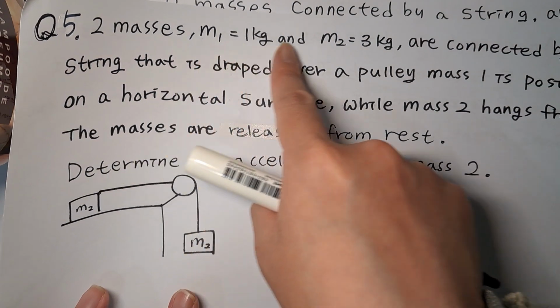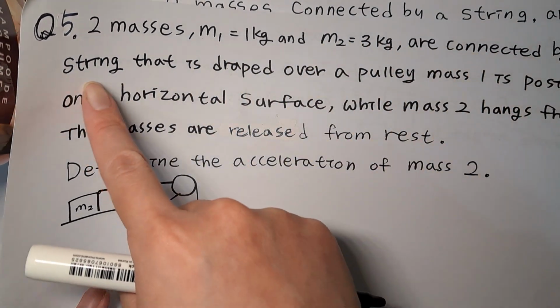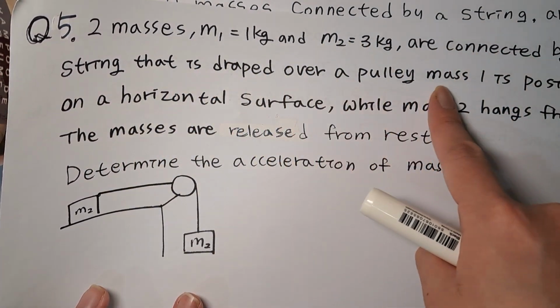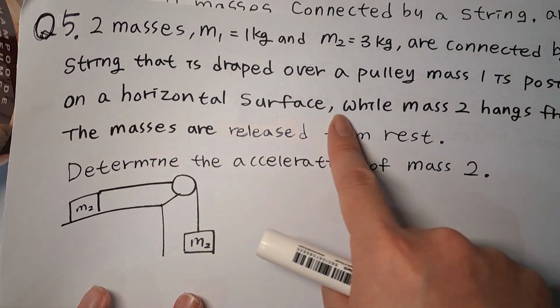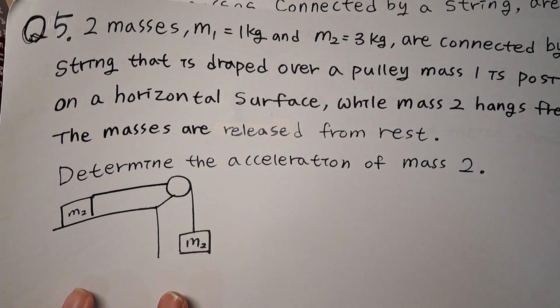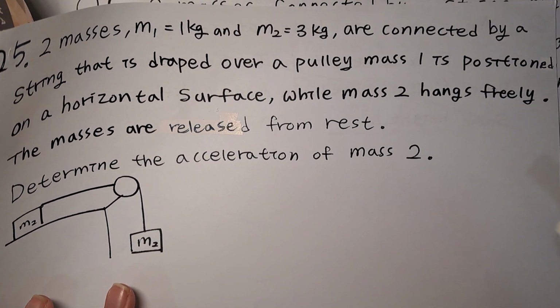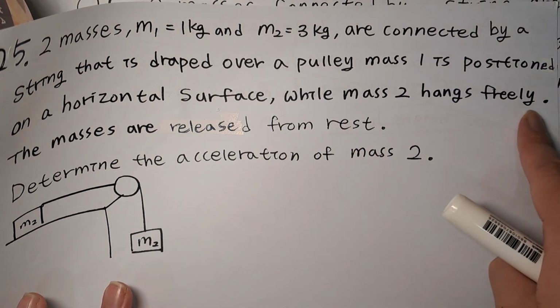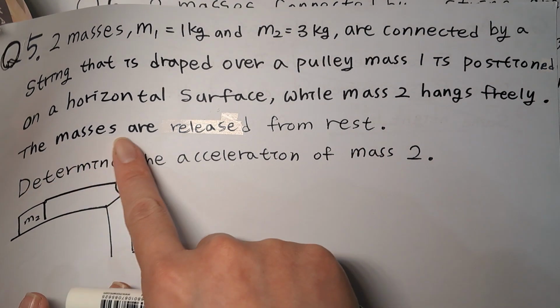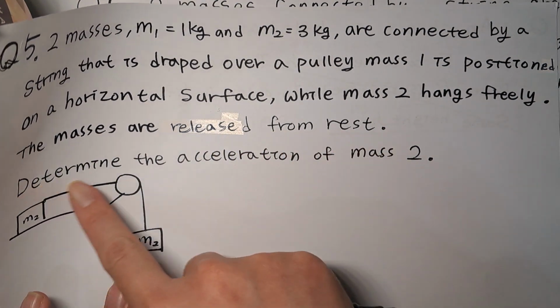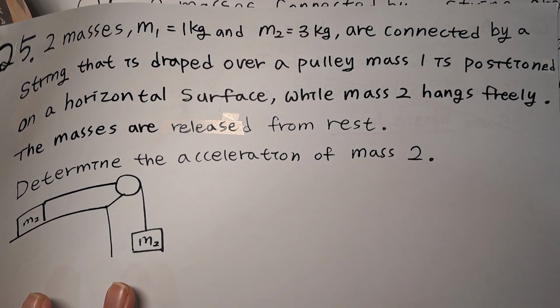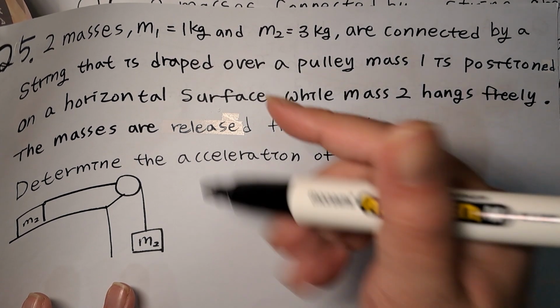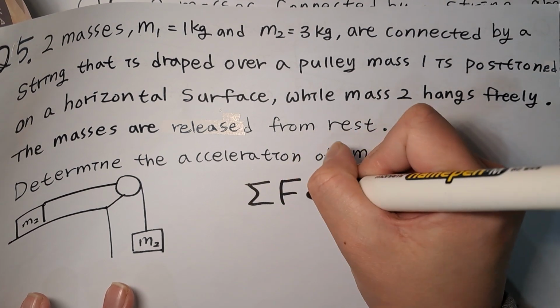Two masses are connected by a string that is wrapped over a pulley. Mass 1 is positioned on a horizontal surface, while mass 2 hangs freely. The masses are released from rest. Determine the acceleration of mass 2. So we can find this.